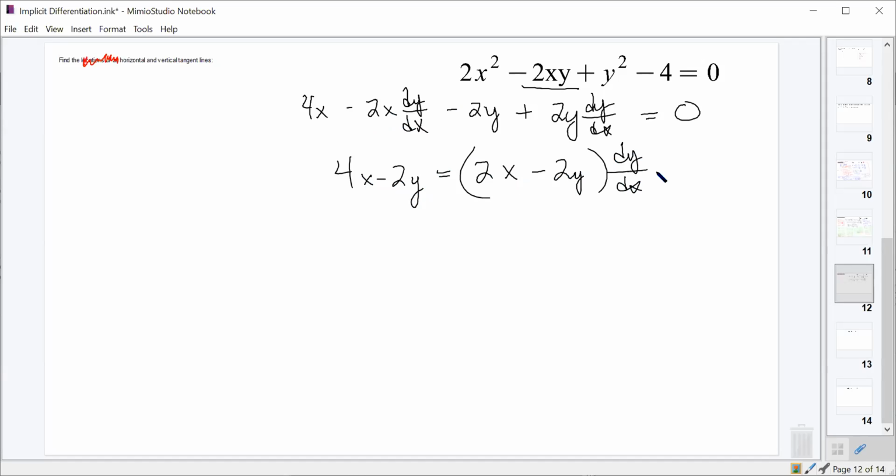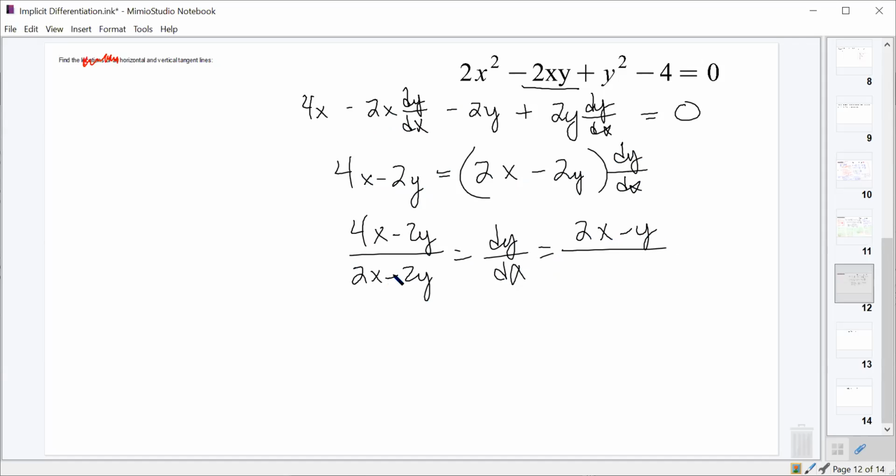So we end up with 4x minus 2y over 2x minus 2y as our derivative. Or if we simplified that a little bit, we could get 2x minus y over x minus y. Good or no? Good.